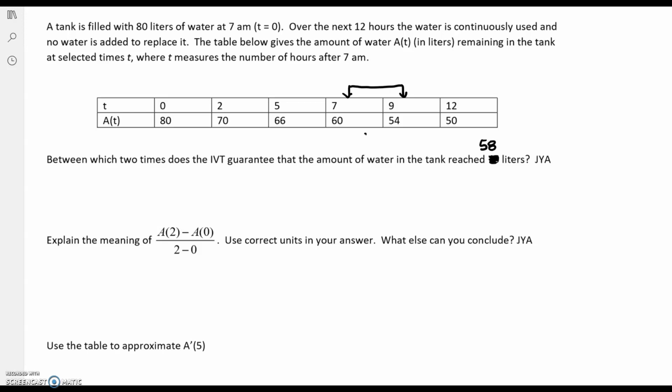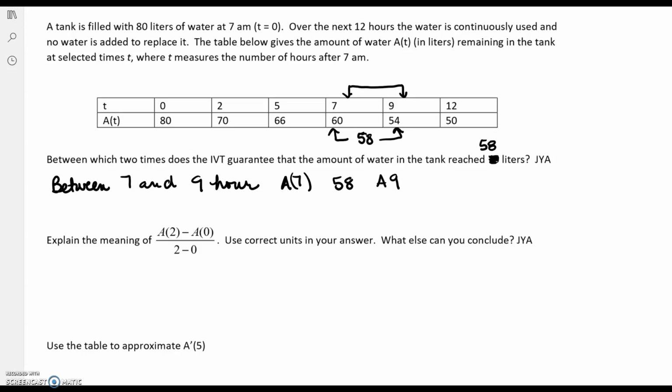It's a very flowing, continuous type of problem. So because 58 is between 60 and 54, we can say by the intermediate value theorem that sometime between 7 hours and 9 hours after 7 a.m., that would be 2 p.m. and 4 p.m., between 7 and 9 hours, A(7), 58, and A(9).